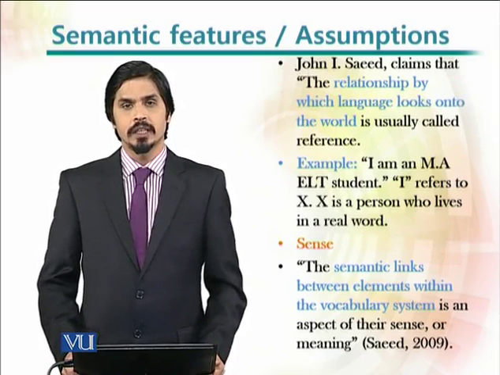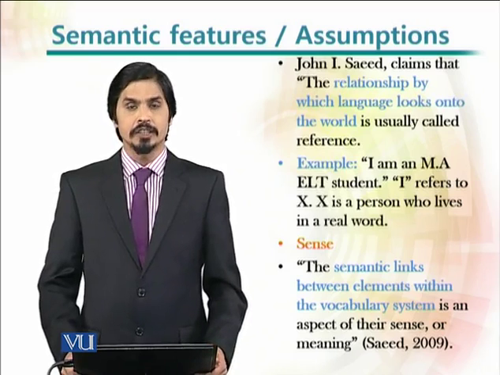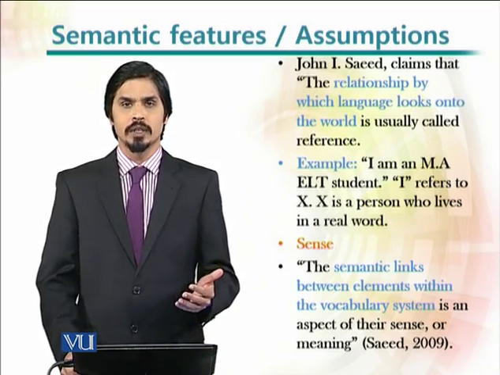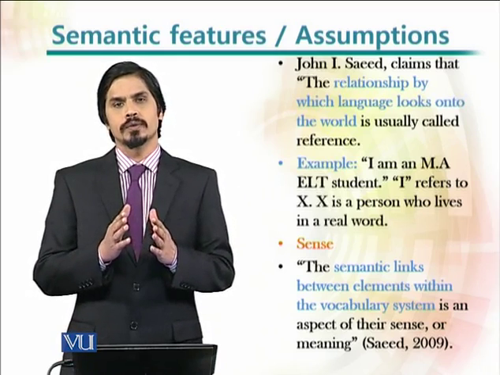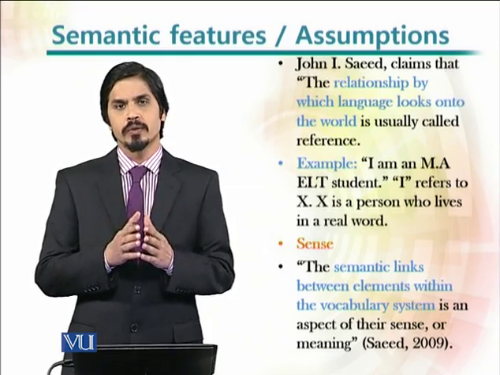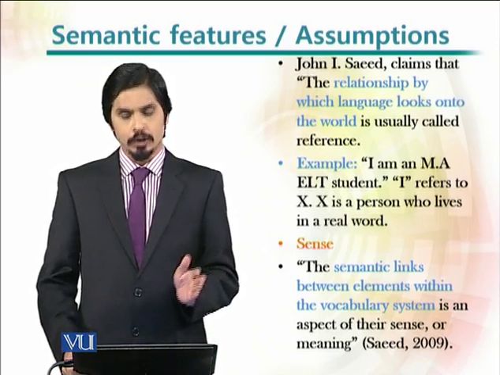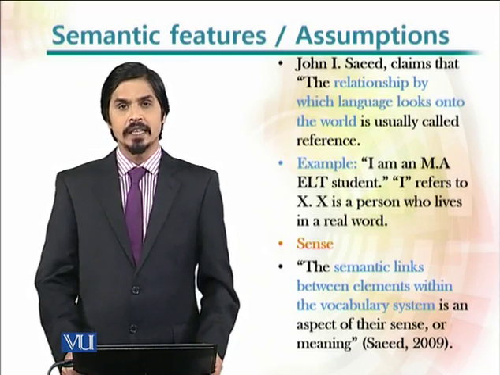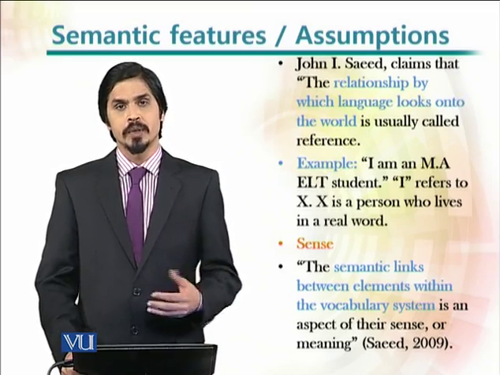Then John A. Saeed also reiterates similar thoughts. For example, he says it is the relationship by which language looks onto the world. In comparison, sense is a kind of word-to-word relationship where we find meanings of the words within the words. And we could say it looks into the semantic links between elements within the vocabulary system of a language.